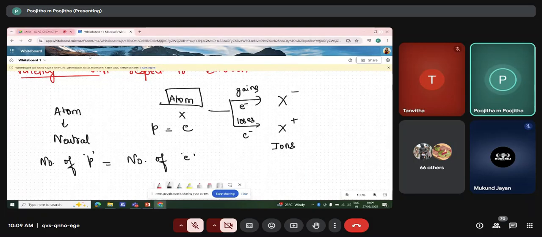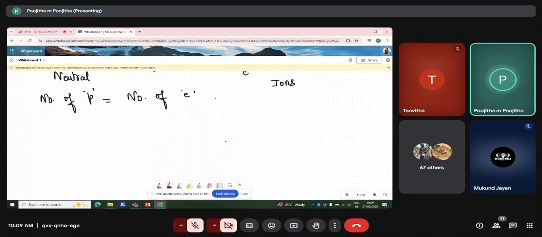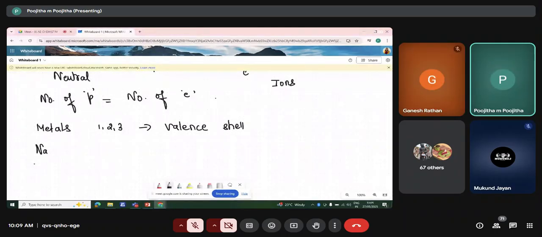Okay. Now in today's class, we'll continue with valency with respect to electron. There we are learning what type of valency metals show and what type of valency non-metals show. Metals generally have 1, 2 or 3 electrons in their valence shell. For example, sodium atomic number 11, magnesium atomic number 12, aluminium atomic number 13.